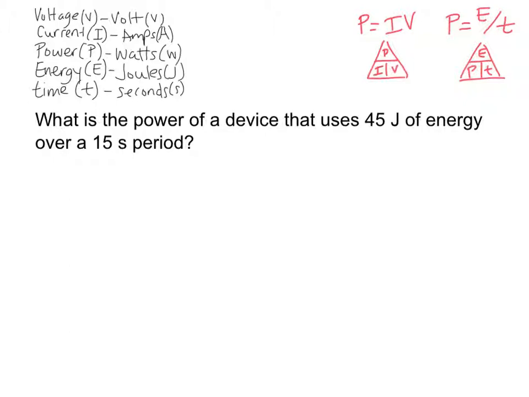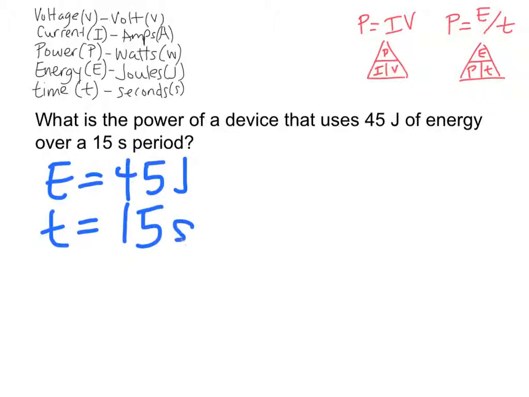We have 45 J of energy, and J is a joule, and energy is symbolized by E. So E equals 45 J. It uses that energy over a 15-second period. So lowercase t is our time, and t equals 15 seconds. They're asking for power. So power is question mark.